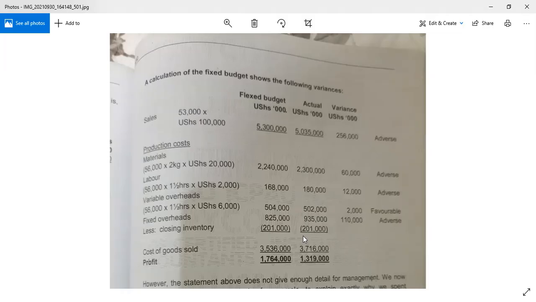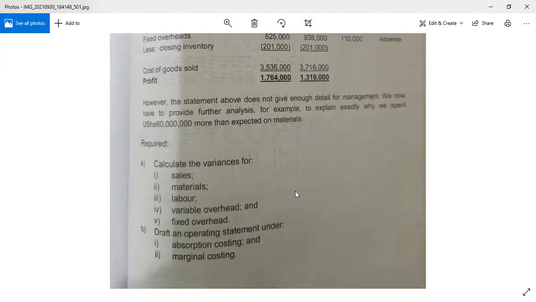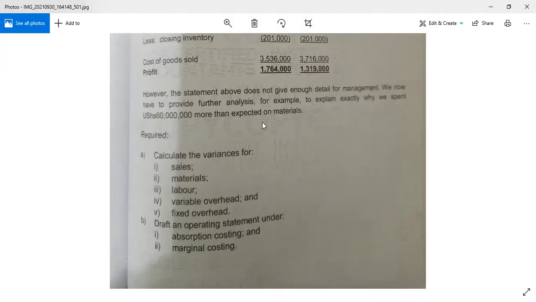Okay, but this does not give us elaborate information. And what they are saying is that the statement above does not give enough details for management. We now have to provide further analysis for the above example, and explain, for example, why we spent 60,000 more than expected on the materials.